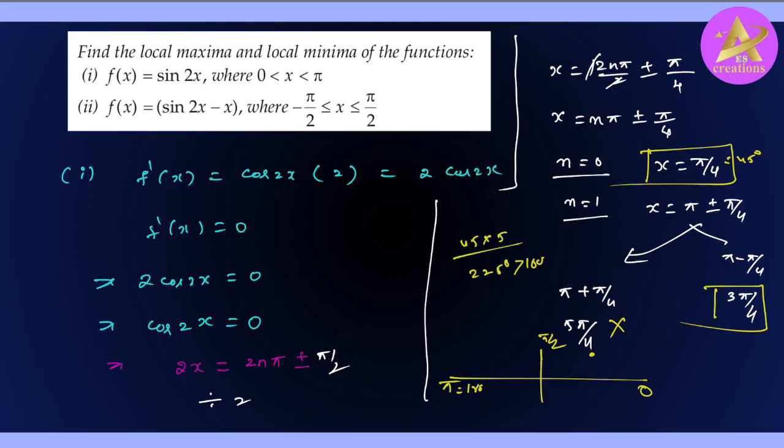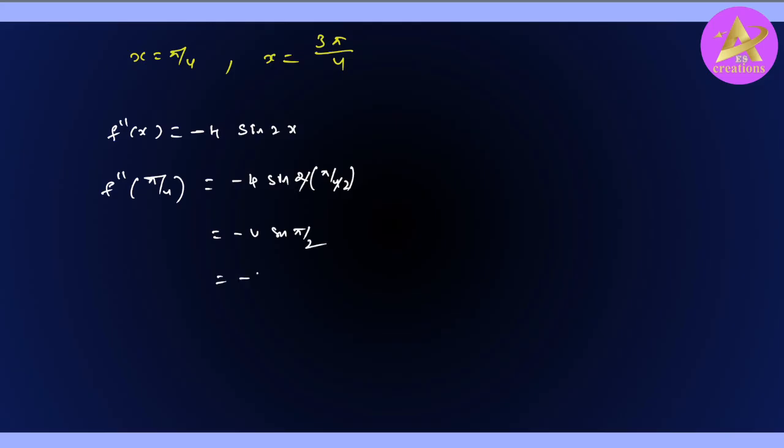We get -4 sin 2x. f double dash of π by 4, first check π by 4, that is -4 sin of 2 times π by 4. 2 ones are 2, 2 twos are -4 sin π by 2, we get -4 sin 90 degrees, which is 1. Nothing but -4, which is less than 0. That means x equal to π by 4 is a point of local maximum.